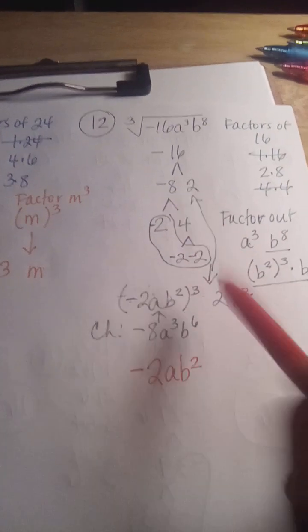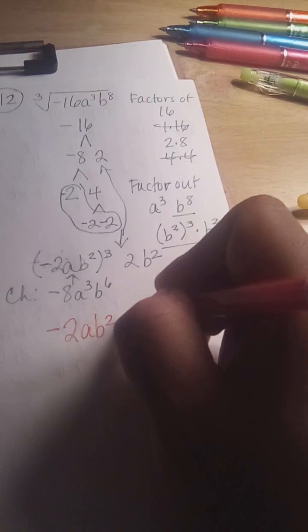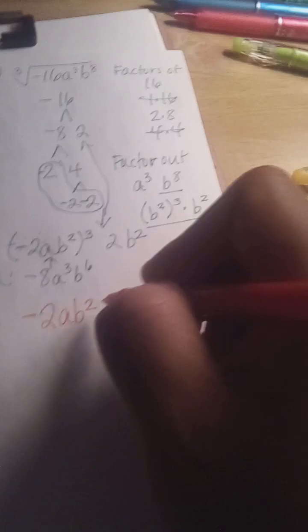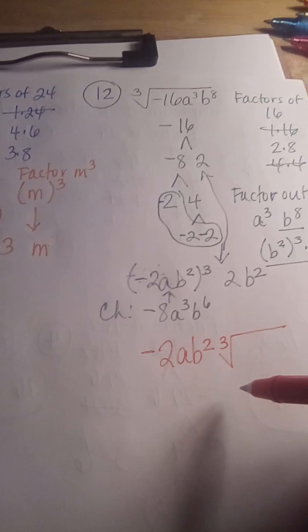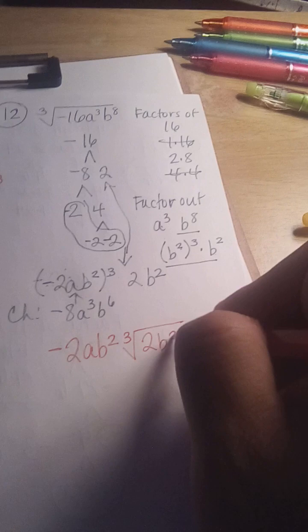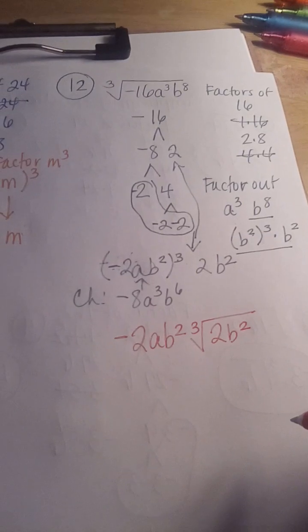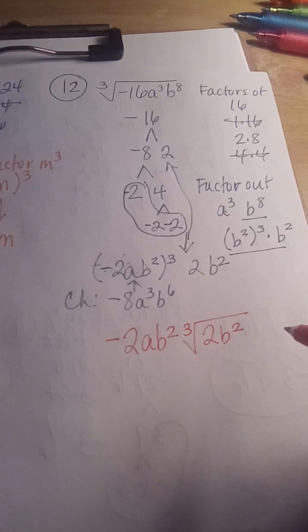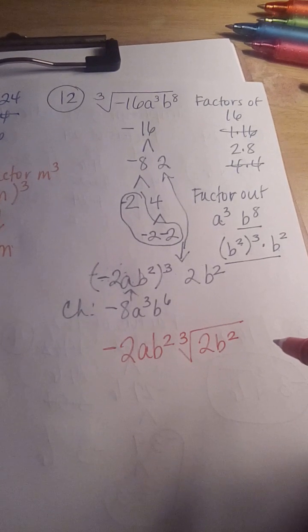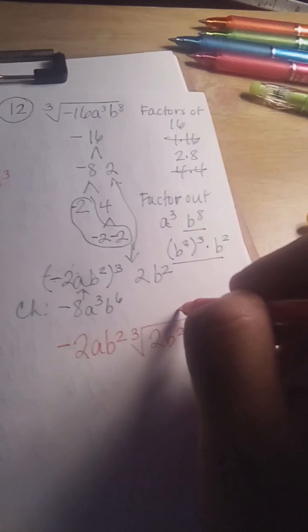And then what's inside the radicand? The 3, right? So far, it looks good. And then the 2b squared, what's left over, right? And are we finished? Yes, that's our final answer.